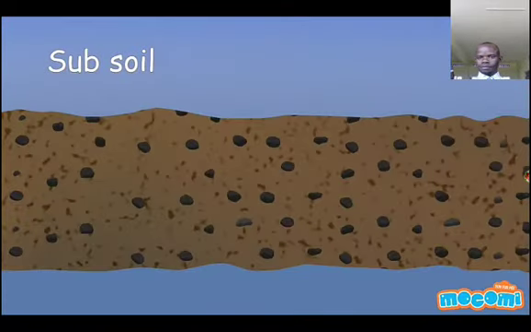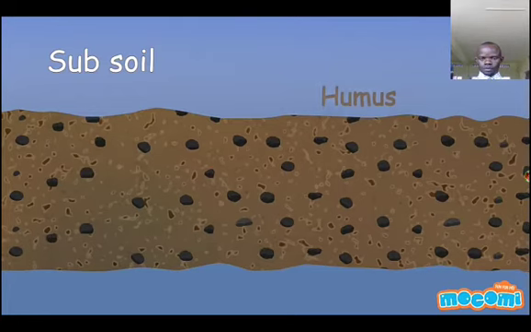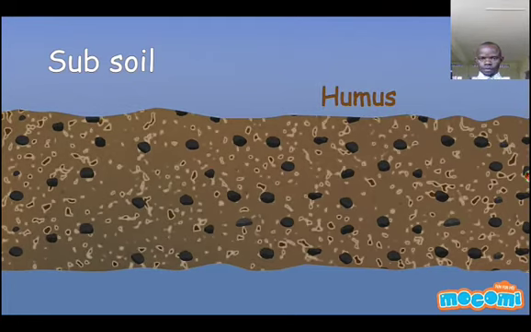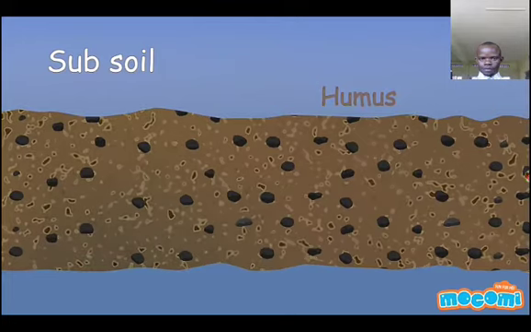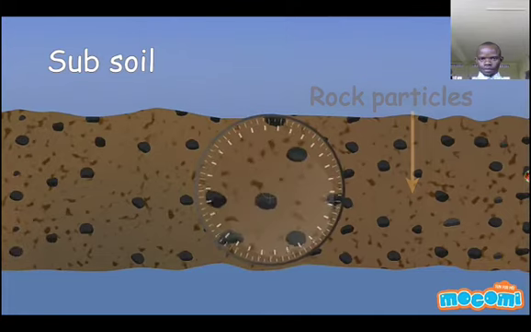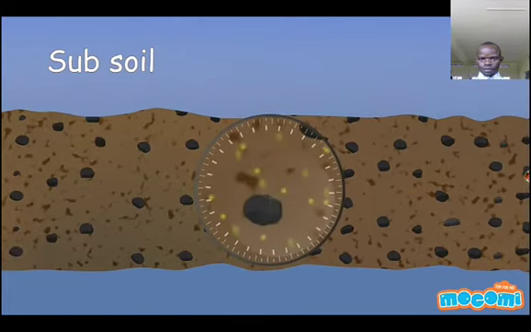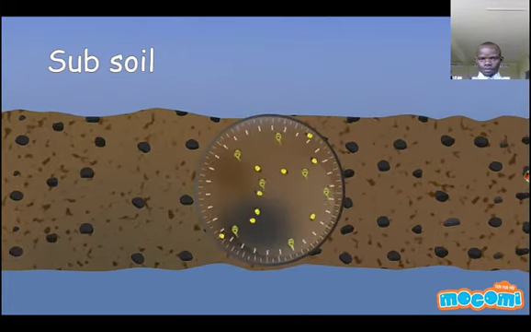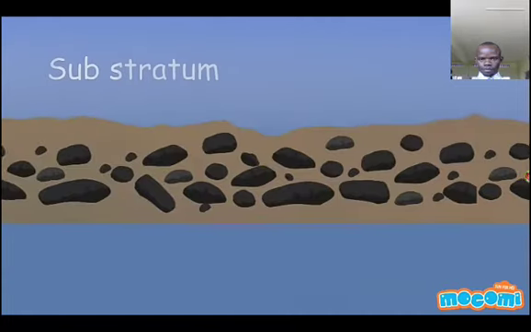Subsoil. The layer of soil just below the topsoil is called subsoil. It is lighter in color and has little humus. It is made up of slightly bigger rock particles, which makes it harder and more compact. It contains very little living organisms. Substratum.